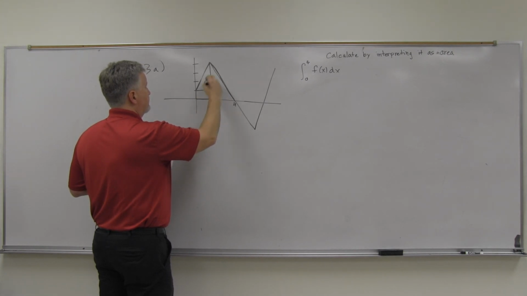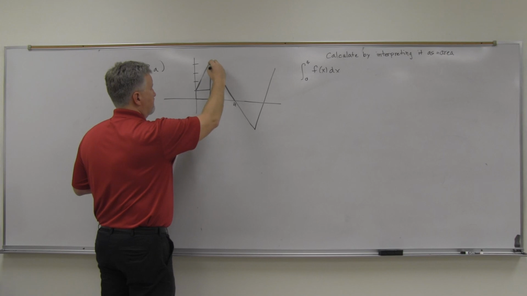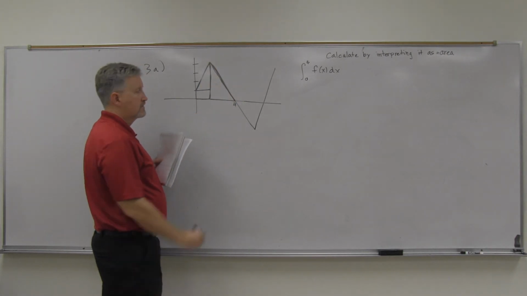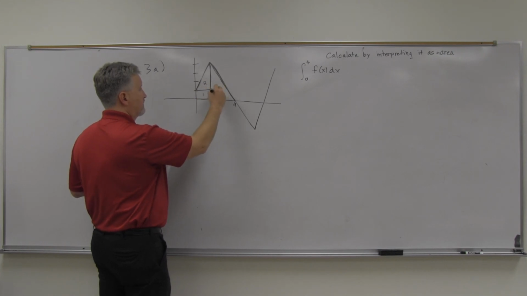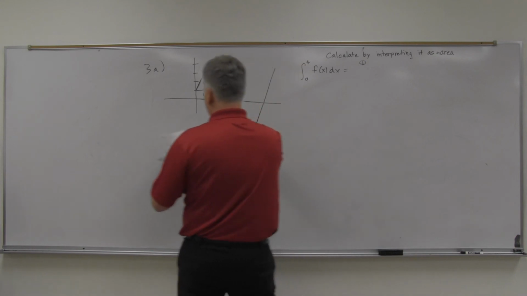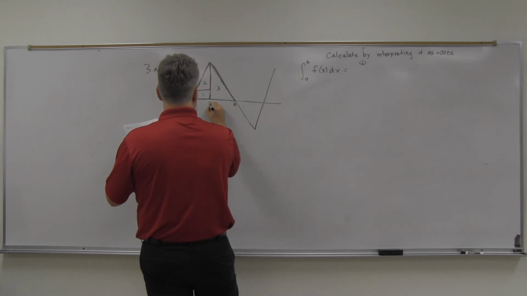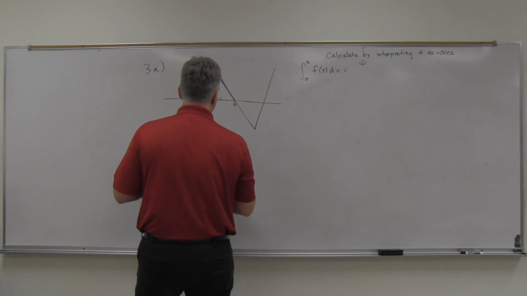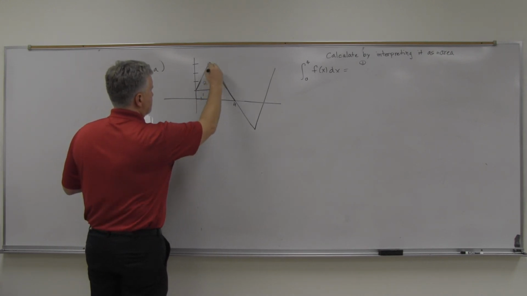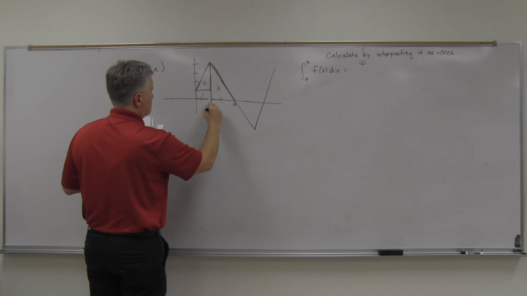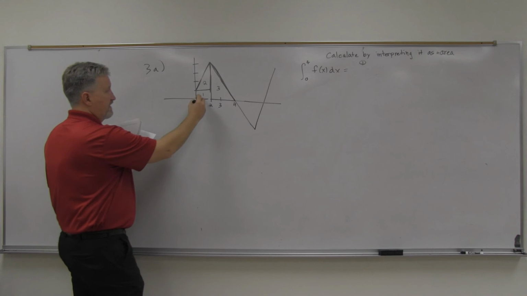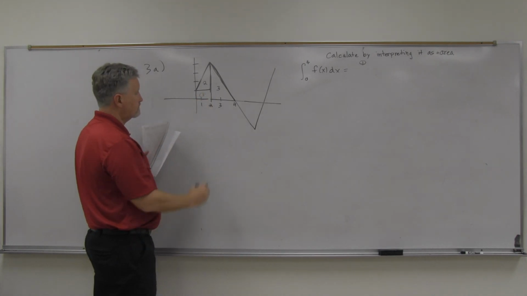I've got a rectangle, and then a triangle, and then a bigger triangle. So let's call this 1, 2, 3. Number 1 is just a rectangle.